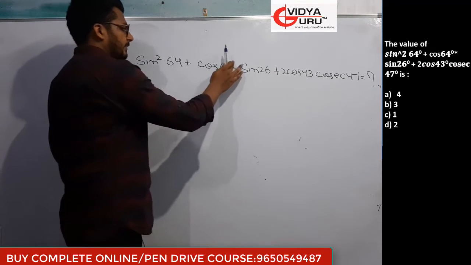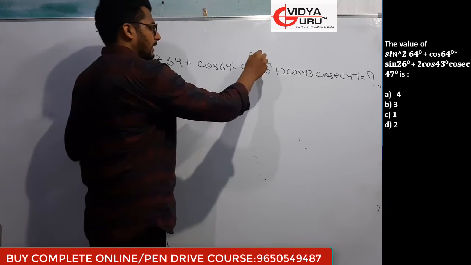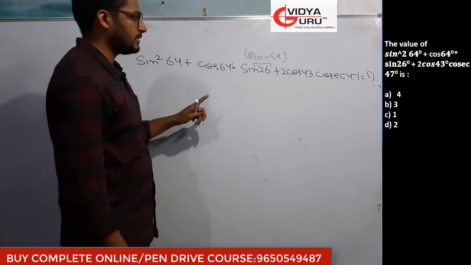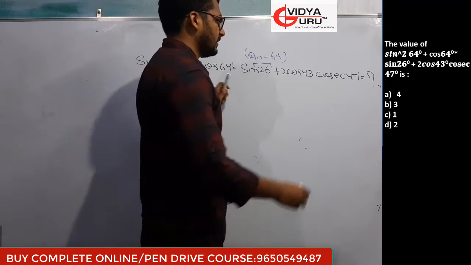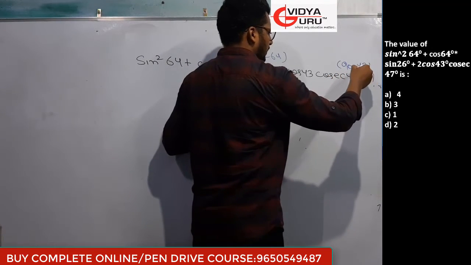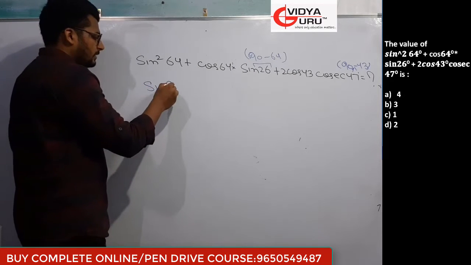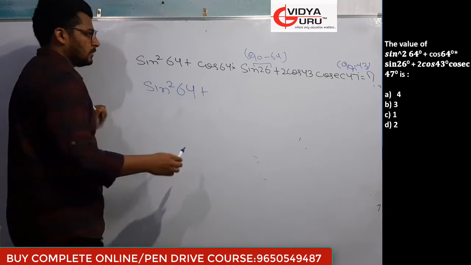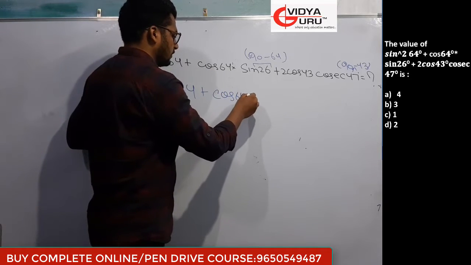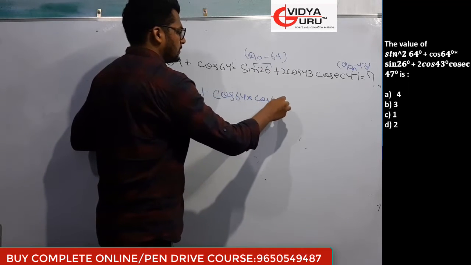Next question, value of this expression is asked. I can write it as 90 minus 64. Same way here, I can write it as 90 minus 43. So this is sine square 64 plus cos 64 multiplied by sine (90 minus 64), which will be cos 64.